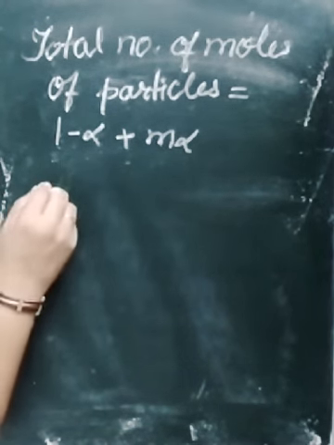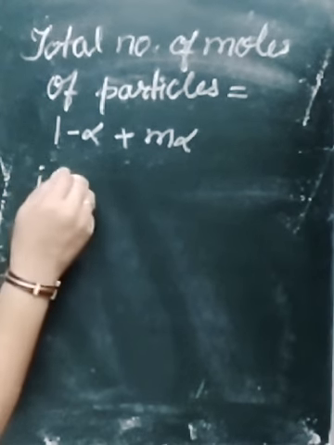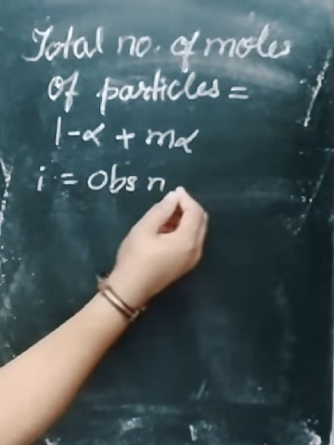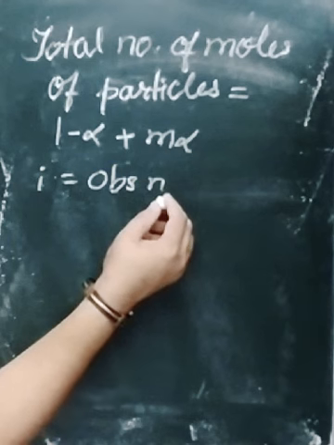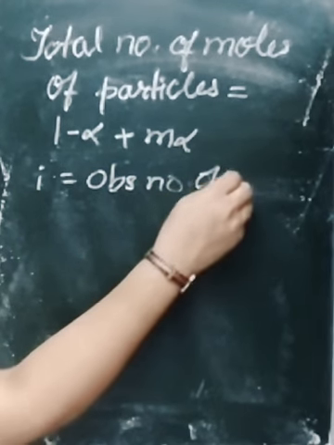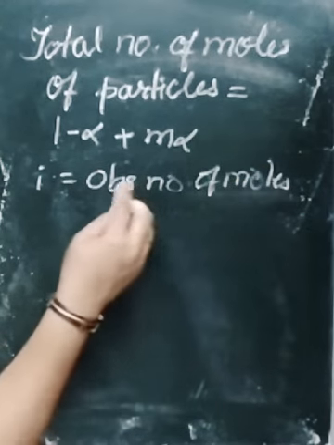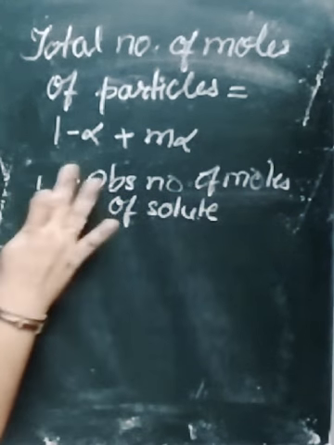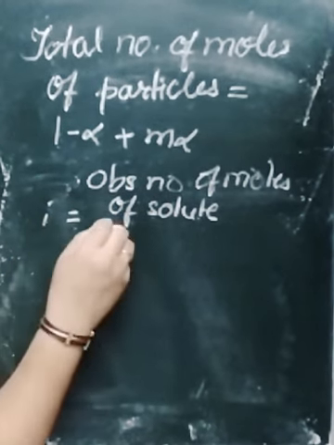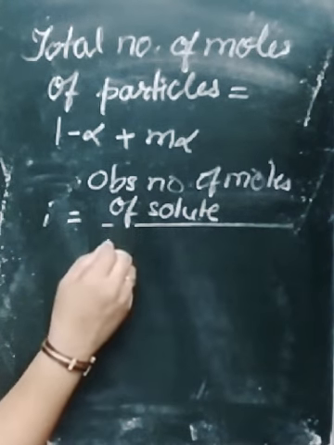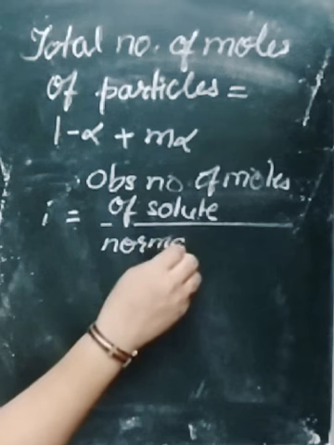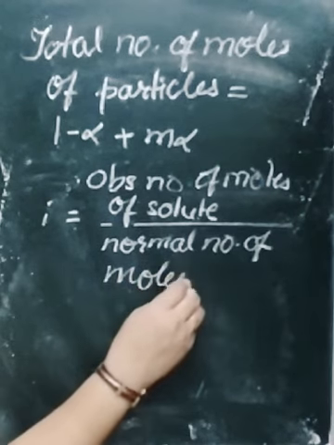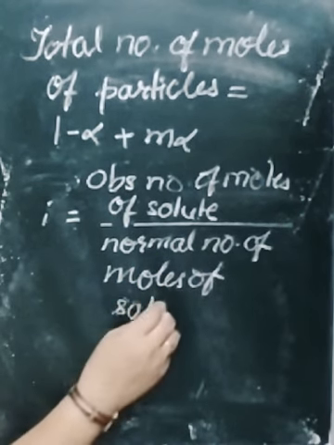So what is i? I can also be defined as the observed number of moles of solute upon the normal number of moles of solute, the same relation as for colligative property.